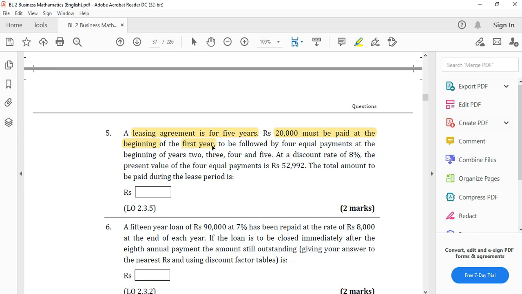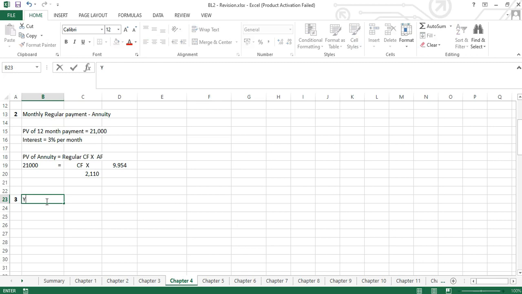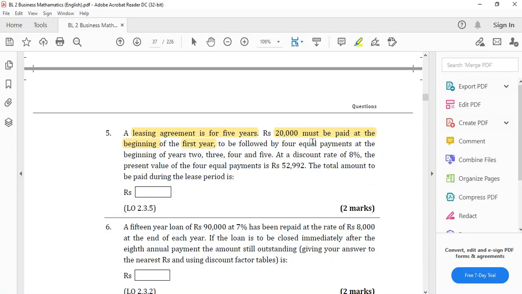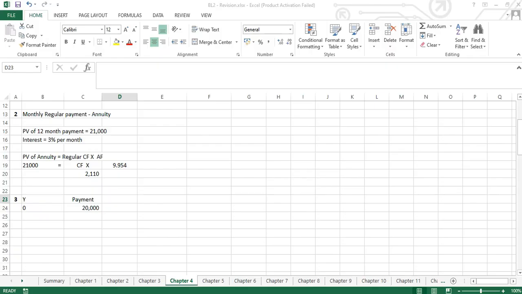That means it should be paid in year 0. And then it is to be followed by 4 equal payments at the beginning of years 2, 3, 4 and 5. So years 1, 2, 3, 4, 5 at the beginning of these years.